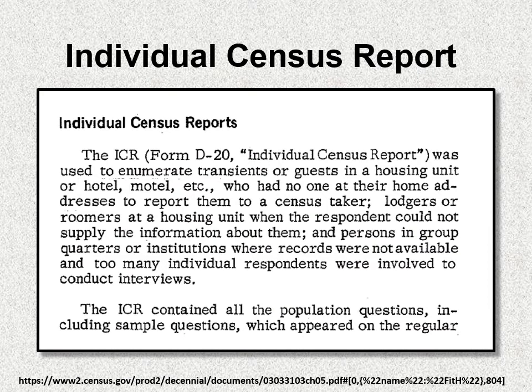And then finally, one other form called an individual census report. It was used to enumerate transients or guests in a housing unit or hotel or motel who had no one at their home addresses to report them to a census taker, lodgers or roomers at a housing unit, etc. The ICR contained all the population questions, including the sample questions.